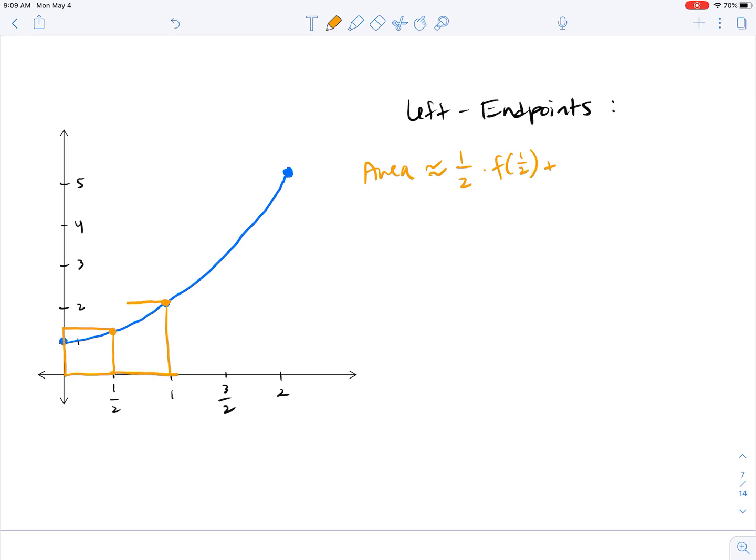So it'd be 1/2 times f of 1/2. And then I would use 1 to help me find the height of the second rectangle. So 1/2 times f of 1.